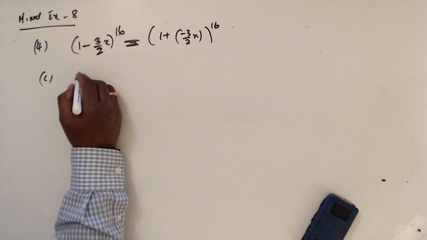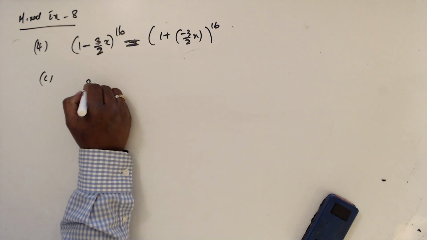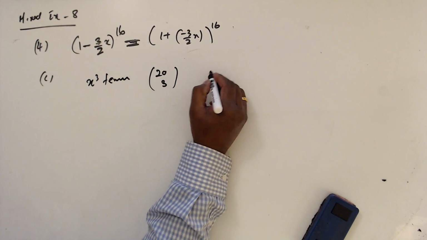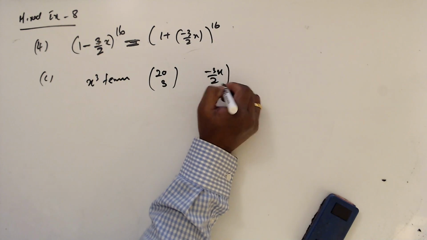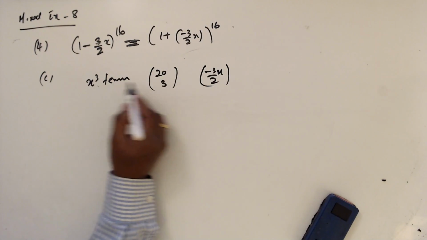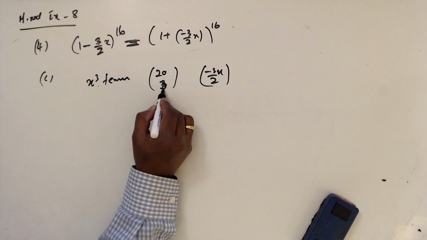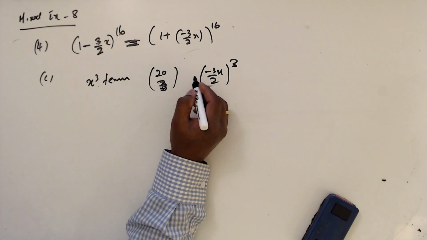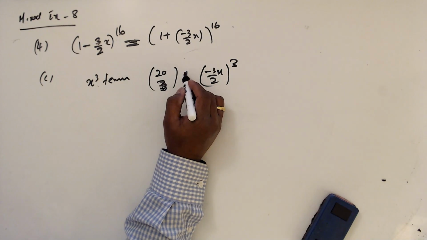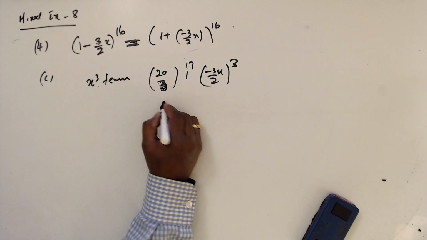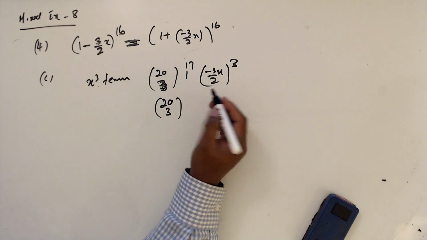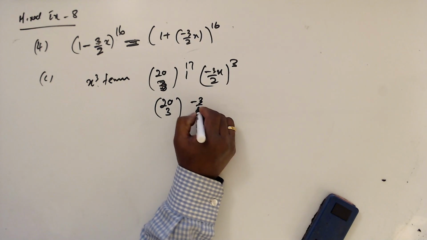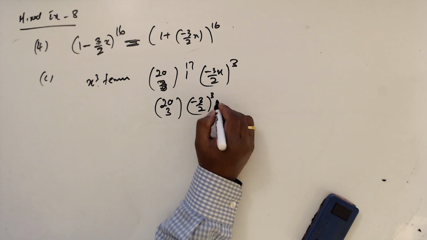So part C, we need the x cubed term. So 16 choose 3 when the power is 3, then I end up writing 16 choose 3, and 1 to the power 16 minus 3, 13. So this is 16 choose 3, 1 to the power 13 is 1, and minus 3 over 2 cubed times x cubed.